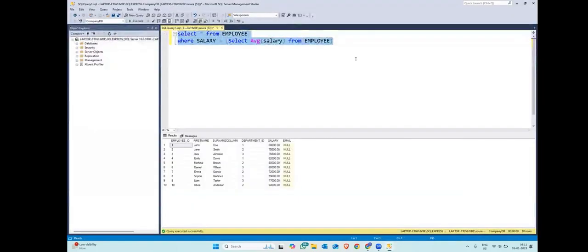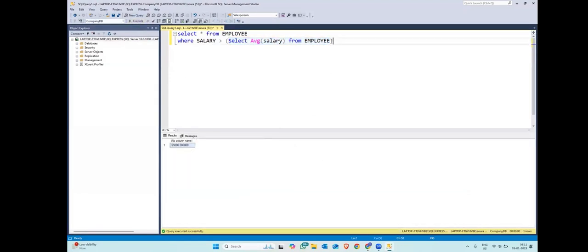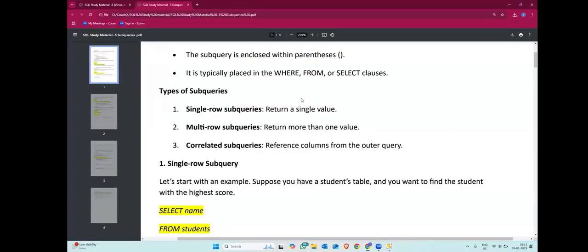This is not correlated. Why? Because I can run this inner subquery independently and I will get a value. See, I get the average salary. This query is independent of the query that is written outside. Even if I remove the outer query, I can still get the average value. That is a general multi-row or single-row subquery.